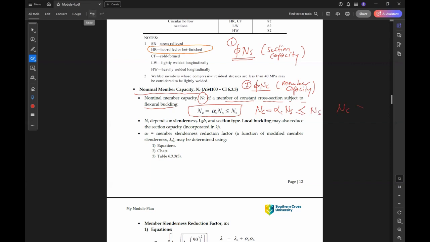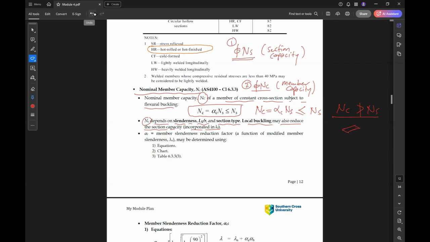So NC cannot be more than NS. It should be less. Okay. Where NC depends on the slenderness of the member, LE/R, and section type. Local buckling may also reduce the section capacity, incorporated in KF. So NC depends on the slenderness of the whole member and the section type.